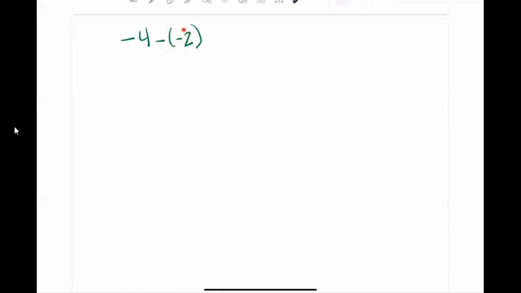So it's technically like those two negatives are getting multiplied together. And a negative times a negative is gonna make a positive. So you can rewrite it as -4 plus 2, right? What's the answer gonna be? -2. Awesome. Perfect.